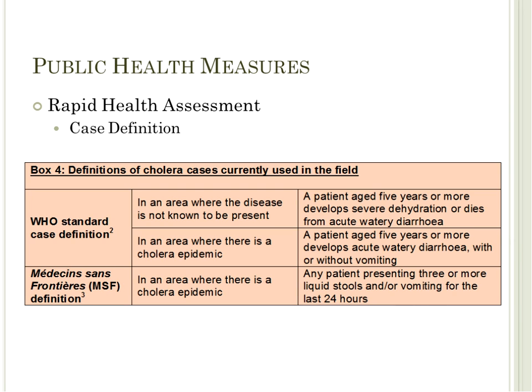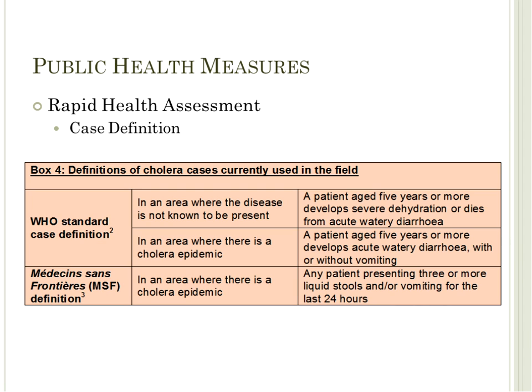According to the WHO standard case definition, in an area where the disease is not known to be present, think about cholera with acute watery diarrhea. In a cholera epidemic, a patient five years old or more who develops acute watery diarrhea with or without vomiting should be suspected of cholera.